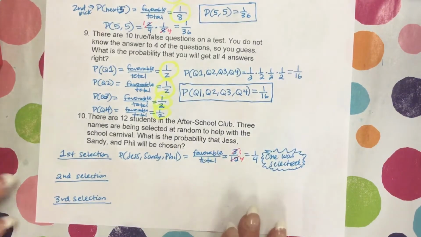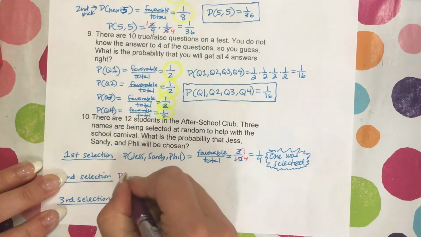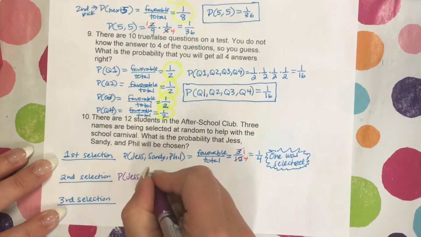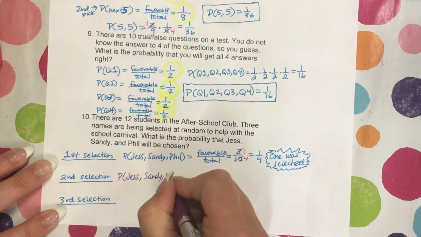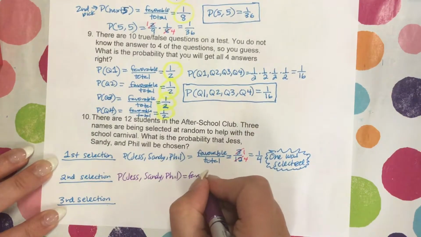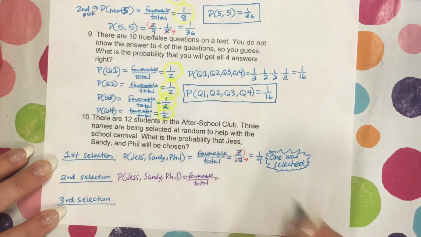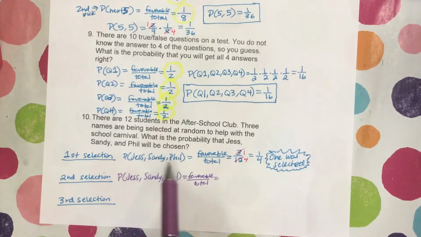So when we go to the second selection, we want to find the probability of Jess, Sandy, and Phil, which is going to be the favorable over the total. We know that one of these 3 people were selected.